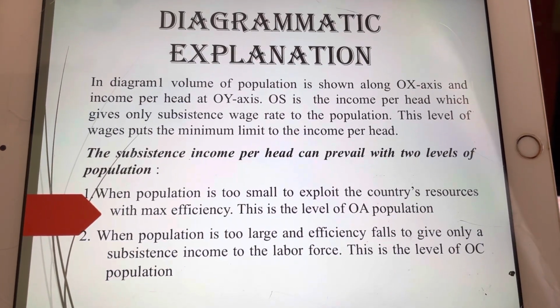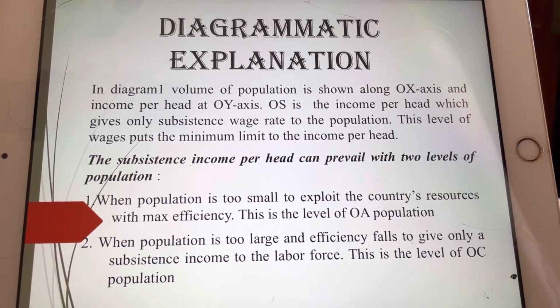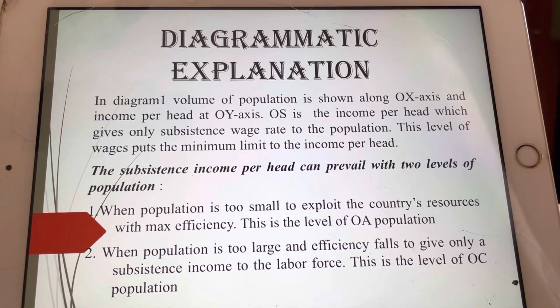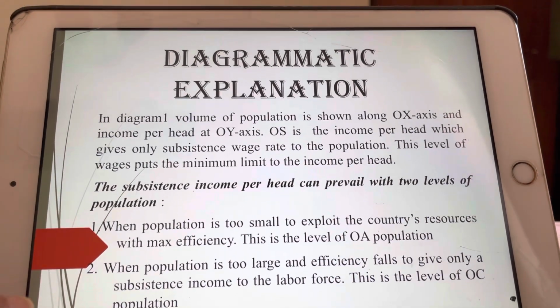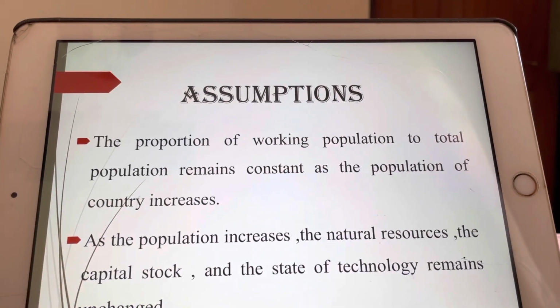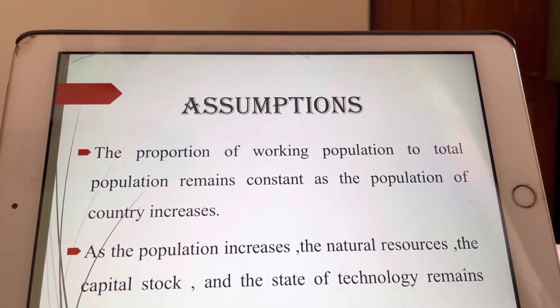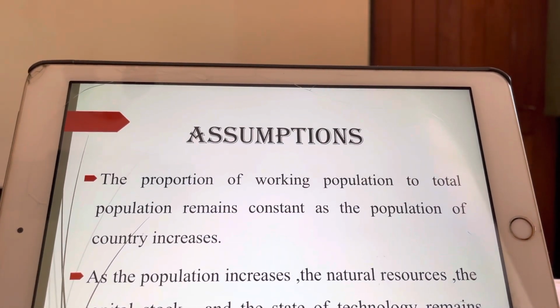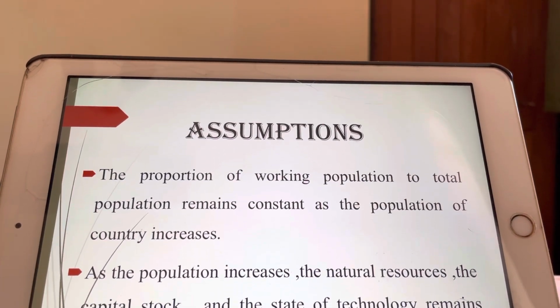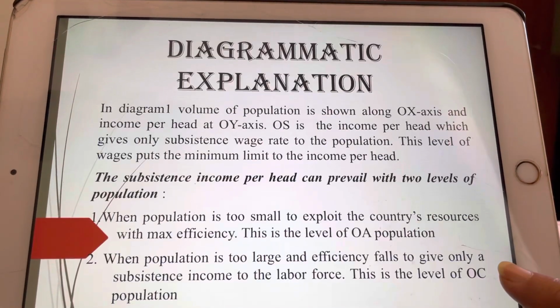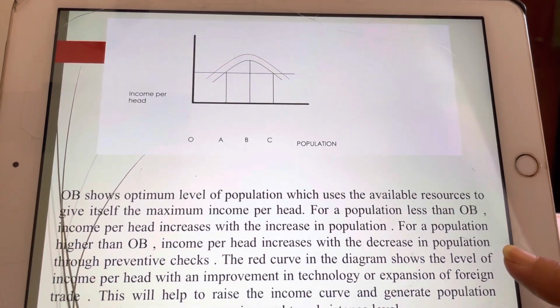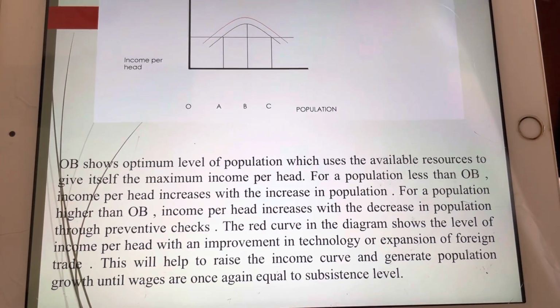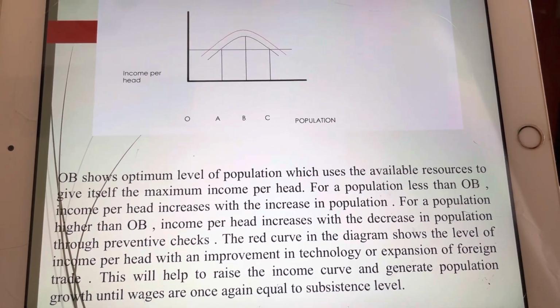Now we will explain with the help of a diagram how the optimum theory of population works. We will see how this takes place and how the diagram takes shape under the optimum theory of population.